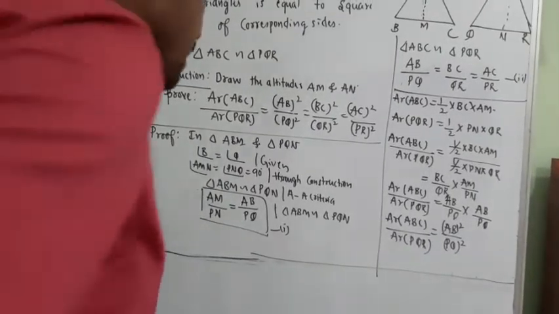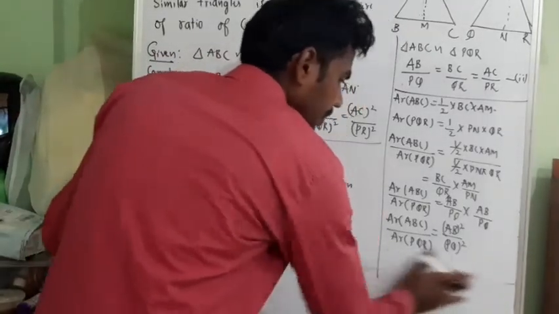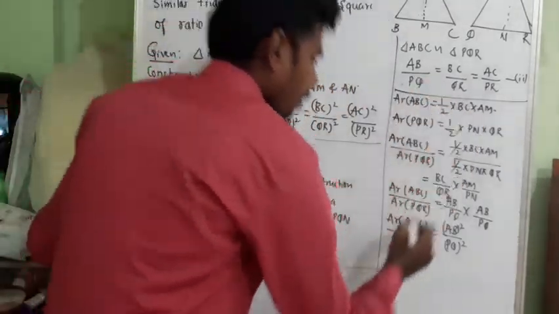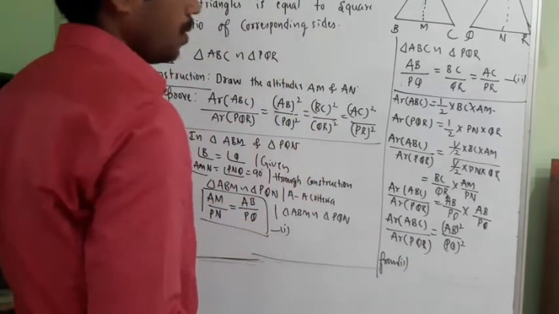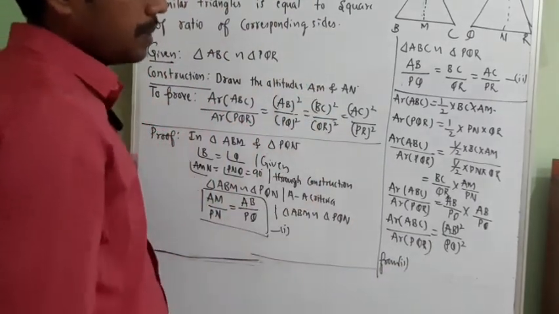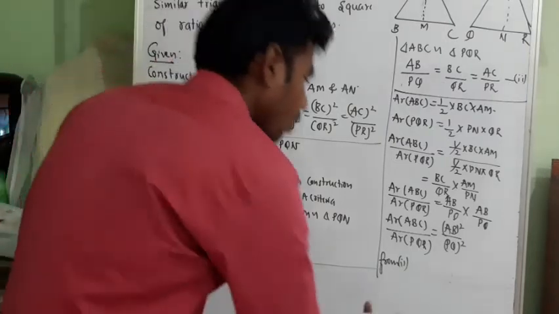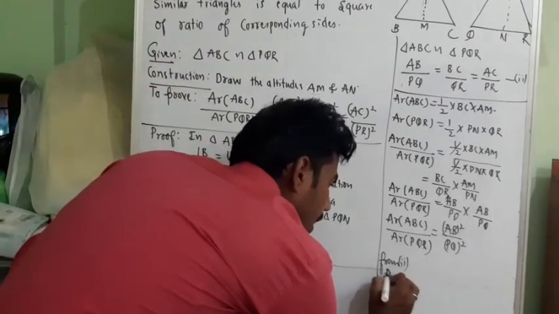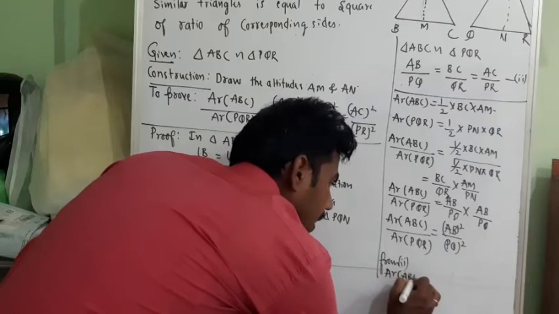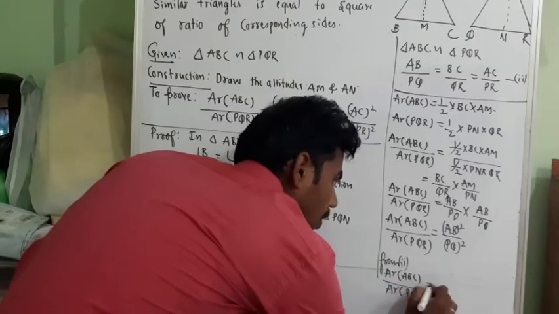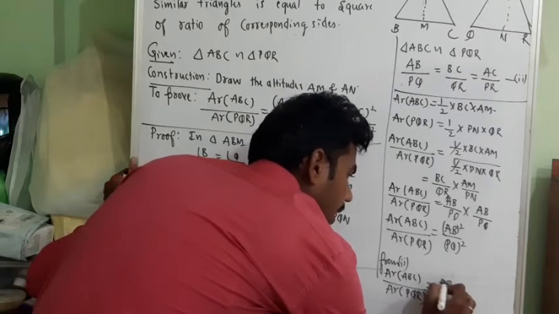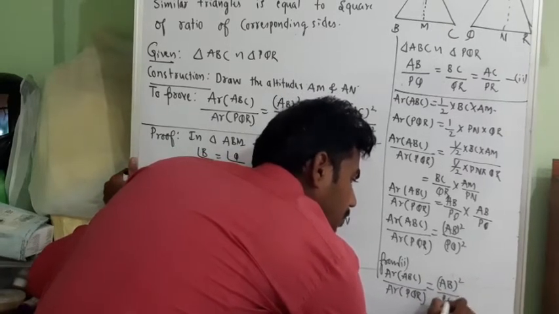Or else we can write, from 2, we know that AB by PQ is equal to BC by QR is equal to AC by PR. Therefore, area of triangle ABC divided by area of triangle PQR is equal to AB square divided by PQ square.